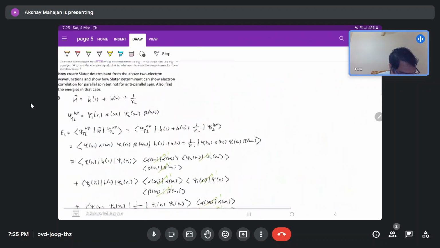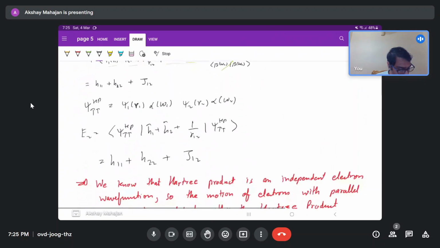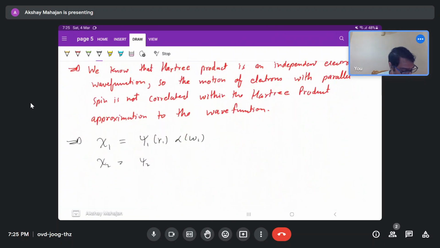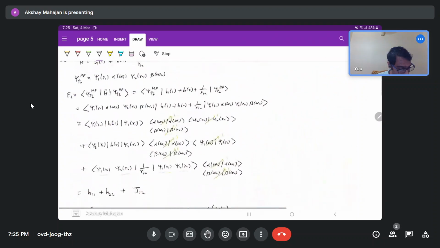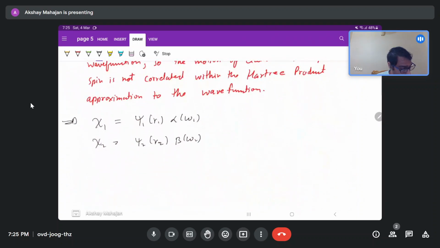chi2 for our first kind of Hartree product. So first I will make this Slater determinant for two electrons with anti-parallel spin. One will have psi1(r1) alpha(omega1), and the other will have psi2(r2) beta(omega2). So these are our spin orbitals.